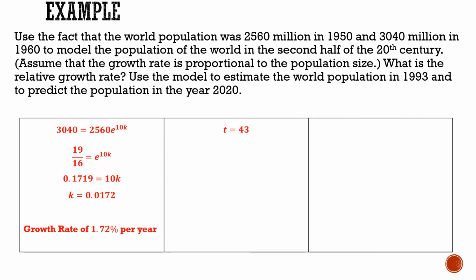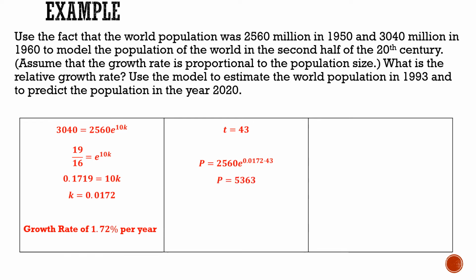All right, the next part says use the model to estimate the population in 1993. If our initial number starts at 1950, then 1993 is 43 years, so my t is 43. Plugging that into my formula, I have P equals 2560 e to the 0.0172, what we found in the last step, times 43.